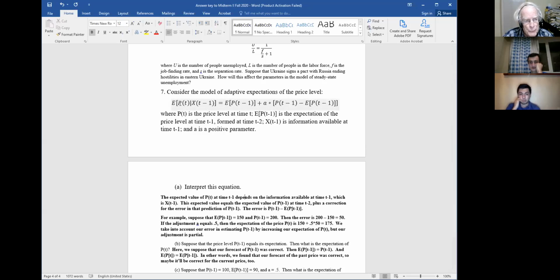We think that we may underestimate otherwise the price level. We take our past errors into account. So A is positive, usually understood to be between 0 and 1.